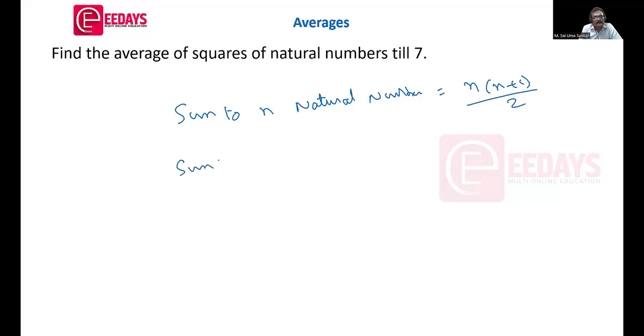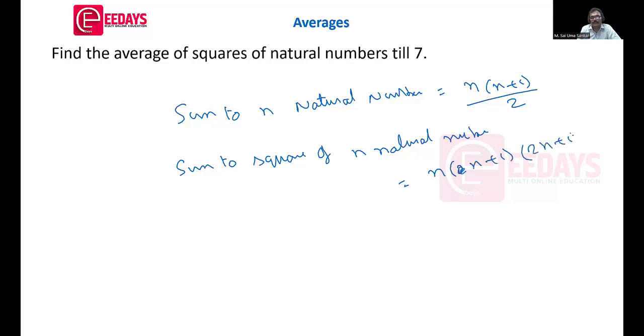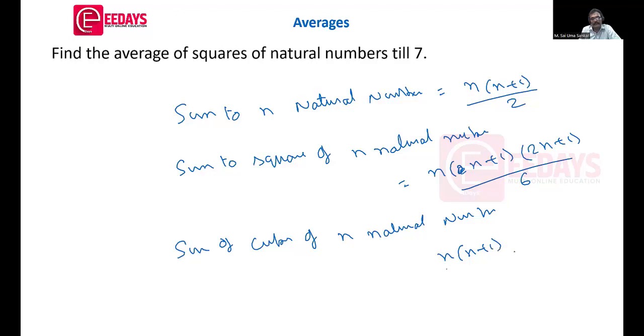Sum of squares of the first n natural numbers is equal to n into n plus 1 into 2n plus 1 by 6. And next, sum of cubes of the first n natural numbers is n into n plus 1 by 2 whole square.